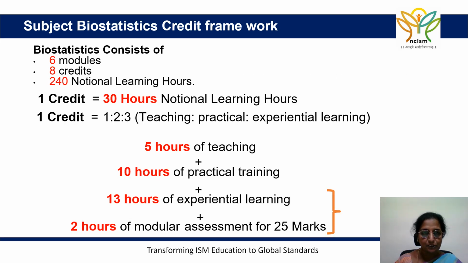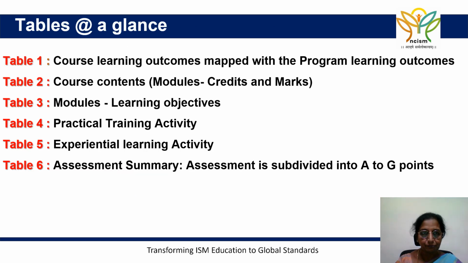Again, the biostatistics course consists of 6 modules, 8 credits, 240 notional learning hours. 1 credit is equal to 30 notional learning hours, and 1 credit is divided in the ratio 1:2:3 for teaching, practical and experiential learning. So 5 hours of teaching, 10 hours of practical training, 13 hours of experiential learning, plus 2 hours of modular assessment for 25 marks.